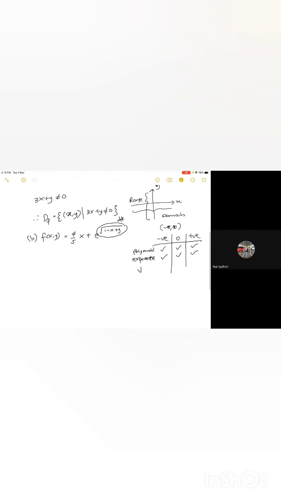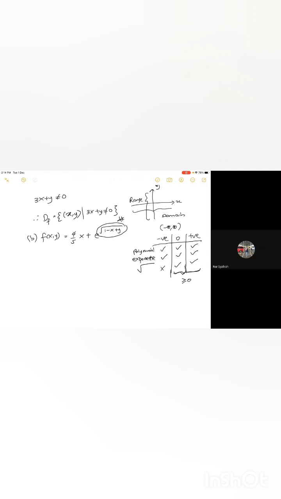Okay, so for square root, if it's square root of a negative, then our function is undefined. Okay, if it's square root of 0, then our function is defined because square root 0 is equal to 0. If it's square root of a positive, then our function is still defined. Okay, so it's only defined in these two domains, meaning it is greater than or equal to 0, including 0. That's why we have equals to.